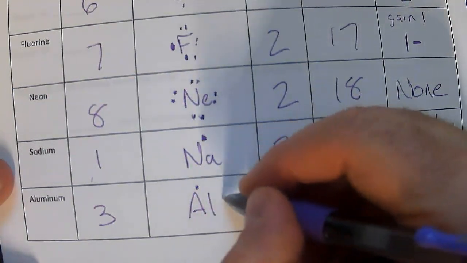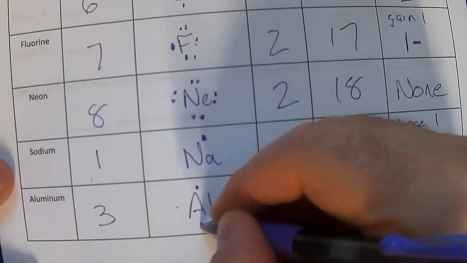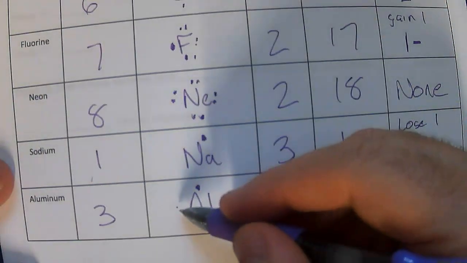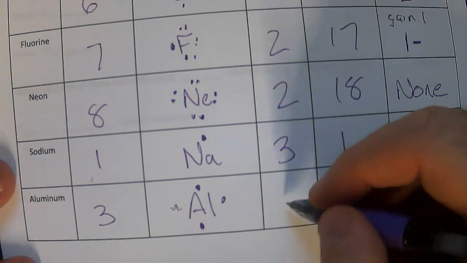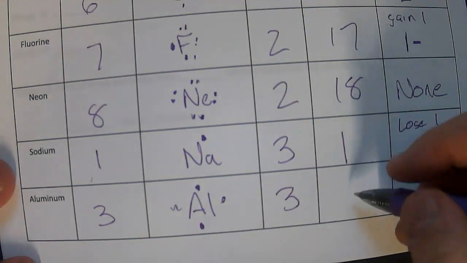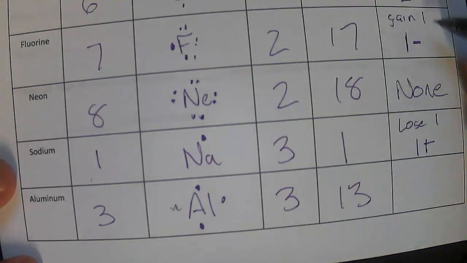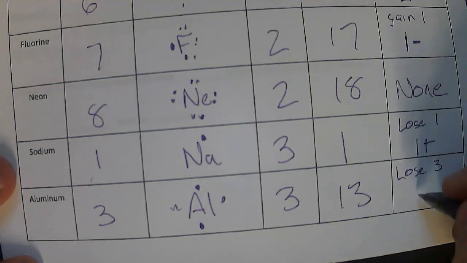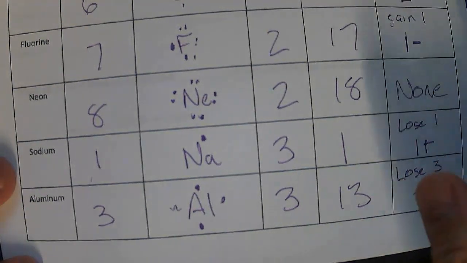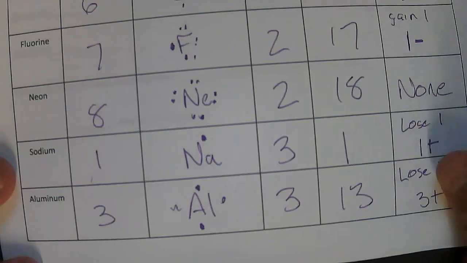We'll do Al, and 1, 2, 3. I don't know why I went over here. That's not an electron. Then its valence shell is 3. Its group number is 13, and it's likely to lose 3 electrons, so it becomes a 3 plus.